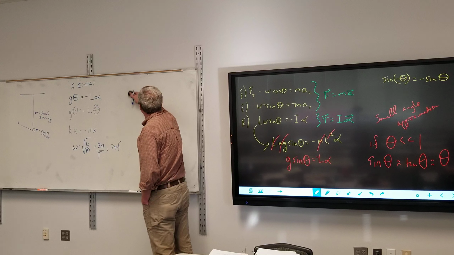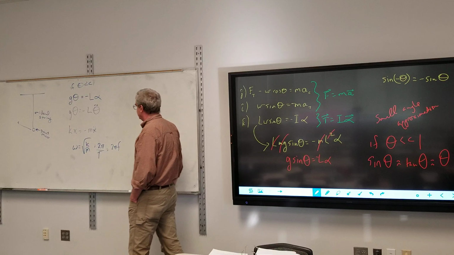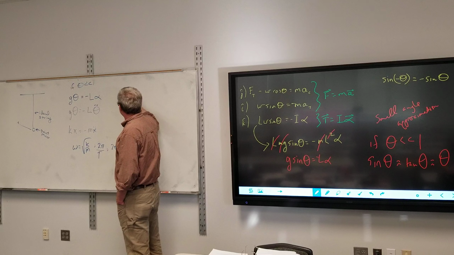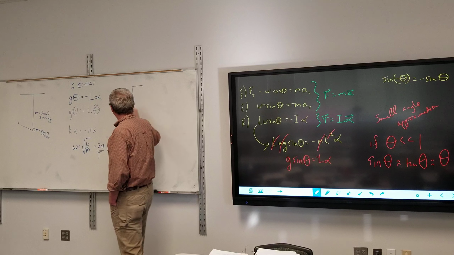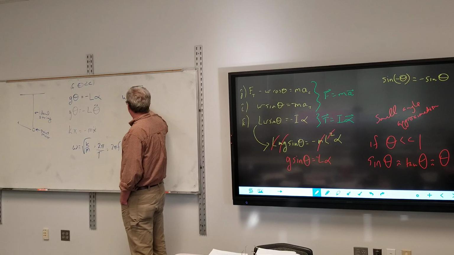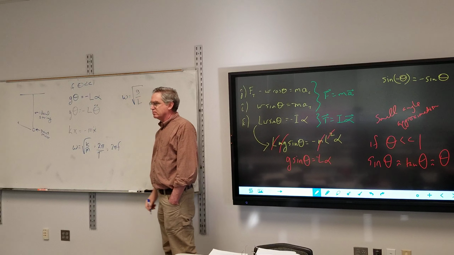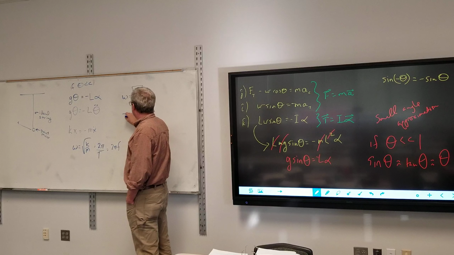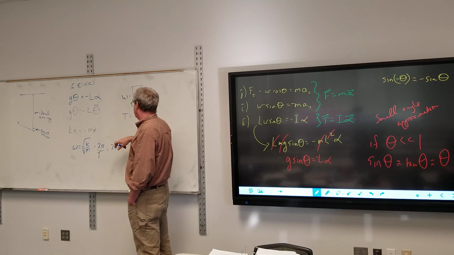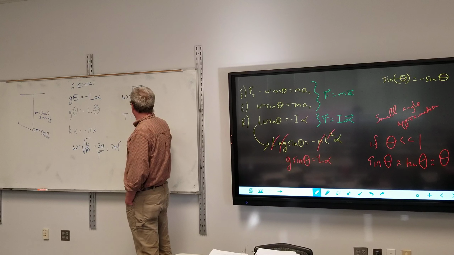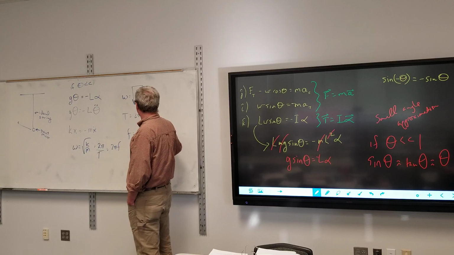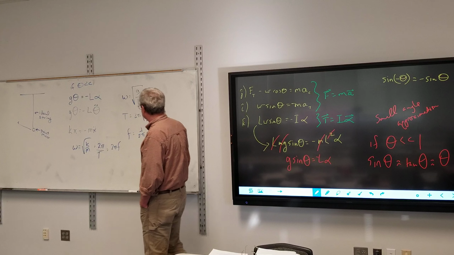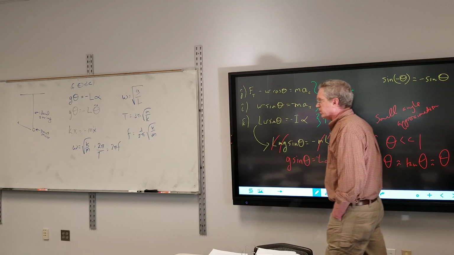So if this pendulum is swinging in simple harmonic motion, then omega is equal to the square root of, instead of k, we have g, instead of m, we have L. The period would be 2 pi times the square root of m over k. And the frequency would be 1 over 2 pi times the square root of k over m. Just the reciprocal of the period.